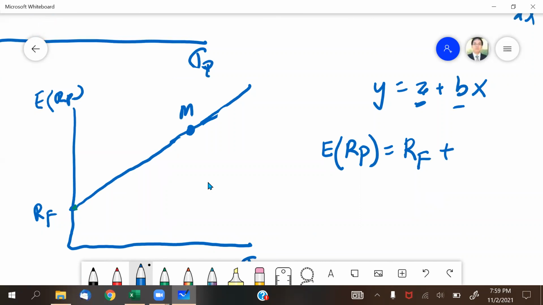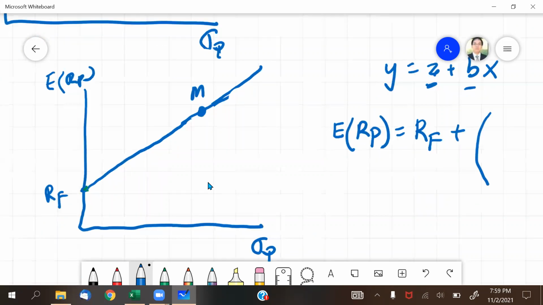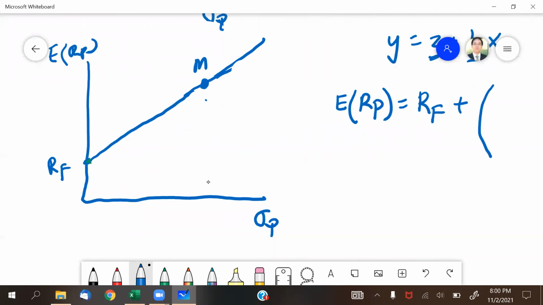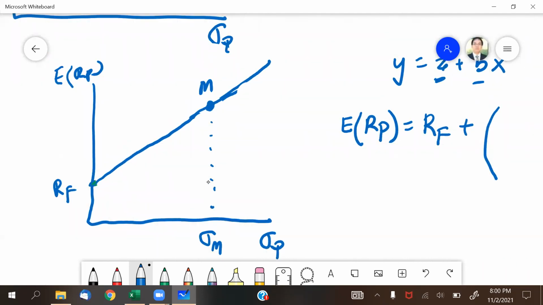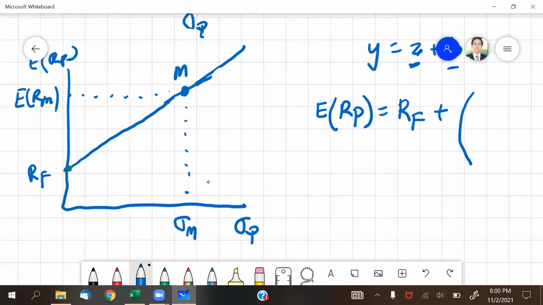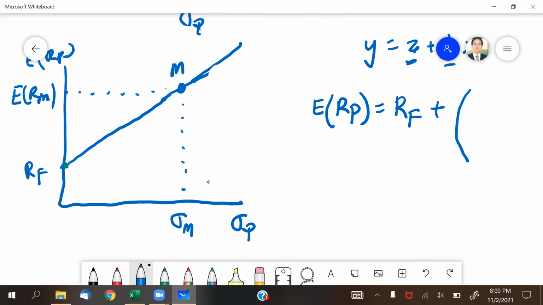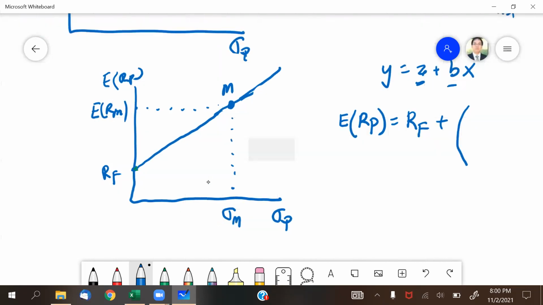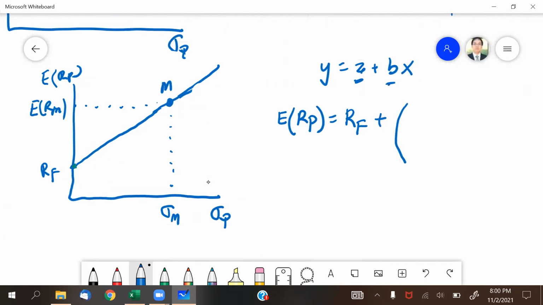So plus, now we need to name it first. So this is M. So we could name it risk of the market portfolio, the sigma M, and this would be expected return on the market portfolio. Let's just use the typical names of variables. So what is the dy?